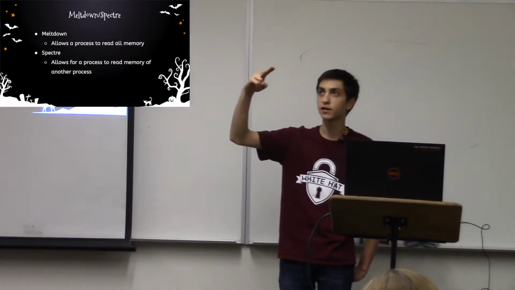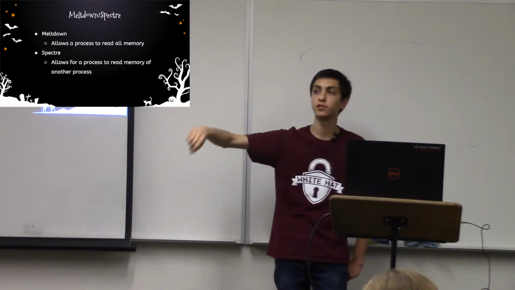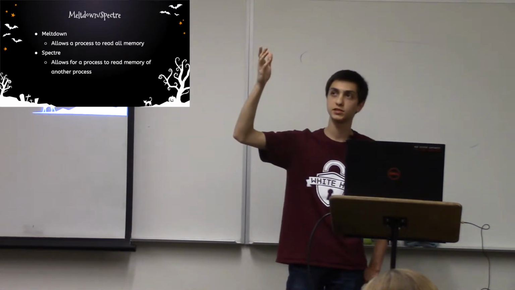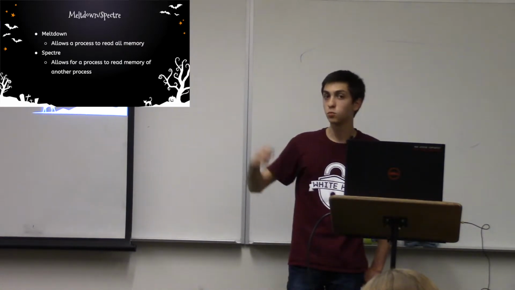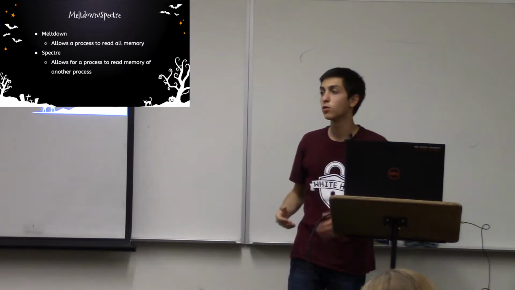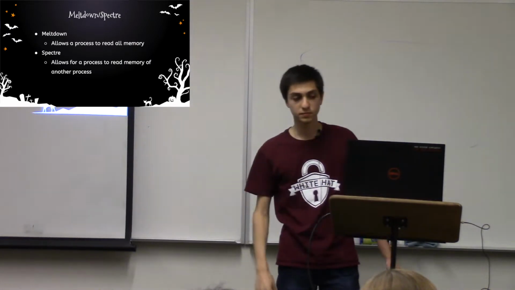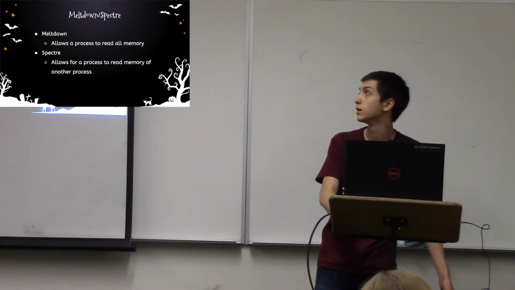So the condition's being checked, and your computer predicts it's going to go down this branch. It's going to execute that. But after the condition finishes, it's going to go down the other branch. So what can happen is, while it predicted that other branch, it's going to cause a CPU cache again, which, as in Meltdown, you can use to rebuild what is going on.